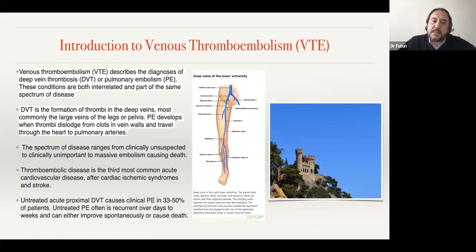In fact, thromboembolic disease is the third most common acute cardiovascular disease after patients with cardiac ischemic syndrome, such as myocardial infarction, and stroke. And untreated, a proximal DVT can cause clinical PE in about 33 to 50% of patients. And we do know that untreated PE in some cases can cause death.